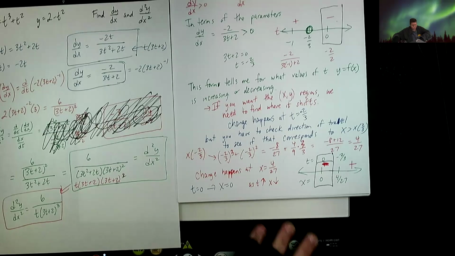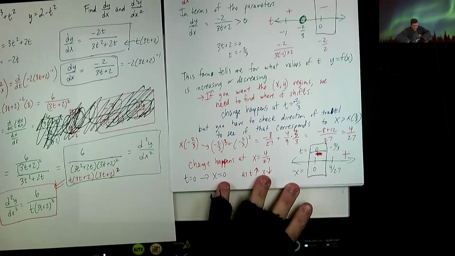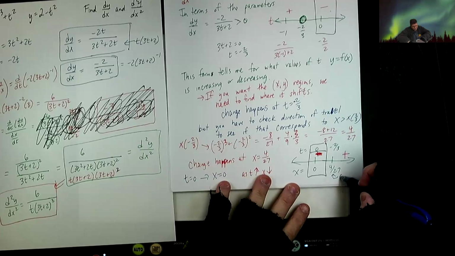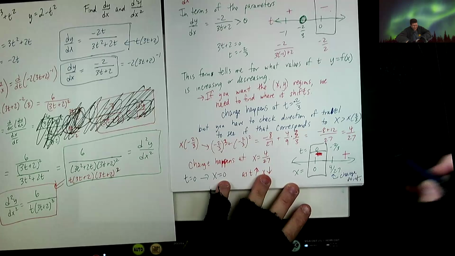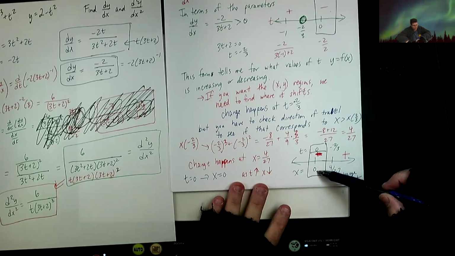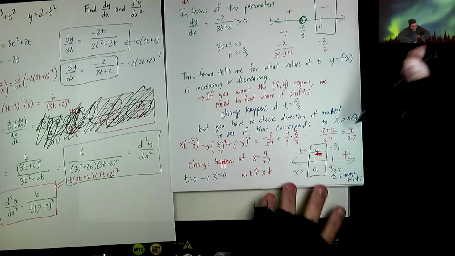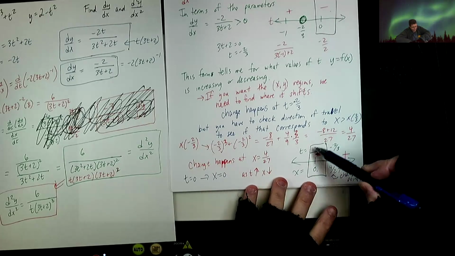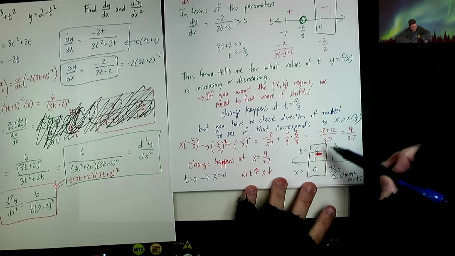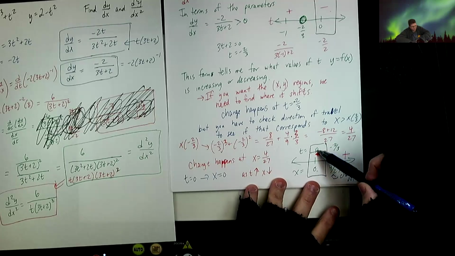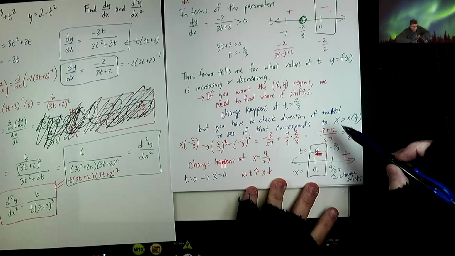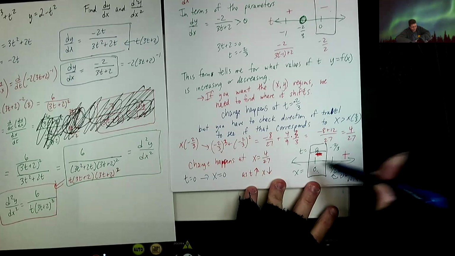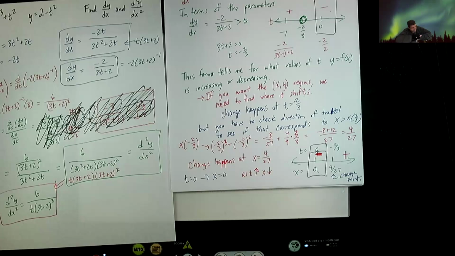So I found my change point here. I tested t equals 0, because I know whatever x equals 0 is to the left here. And it looks like t has gone up. I checked t equals 0 over here, and it happened to lead to x being the opposite direction.